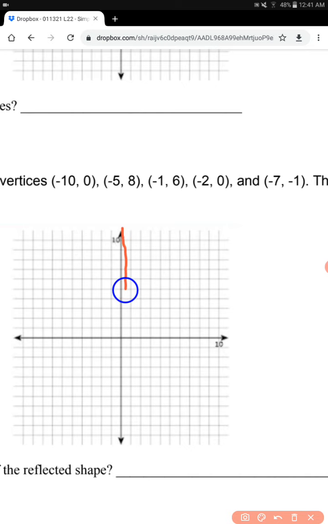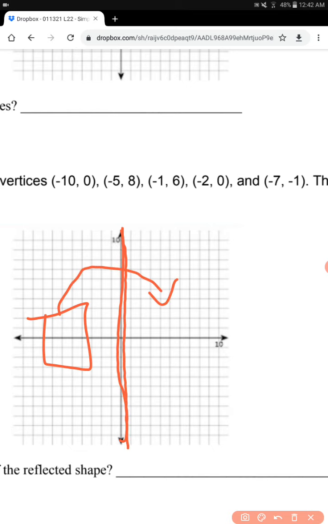So this is the y-axis, as you know, and if we're reflecting any shape over the y-axis, think of this line as a mirror. So this becomes this, and this point right here will match to this point. This point will match to this point because it's like a mirror. This point will match to this point, and this point will match to this point.